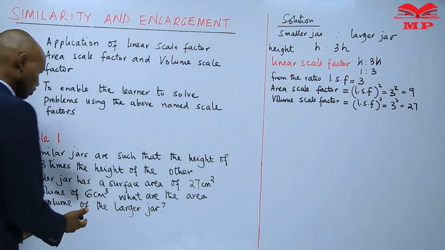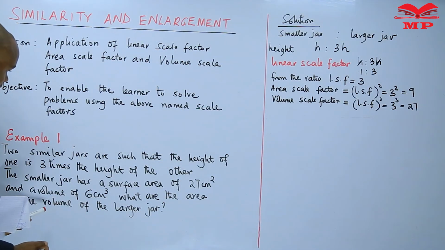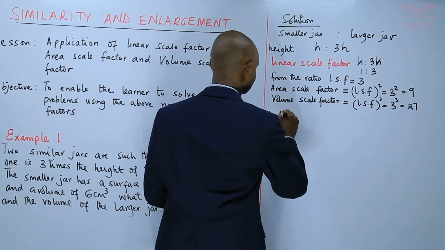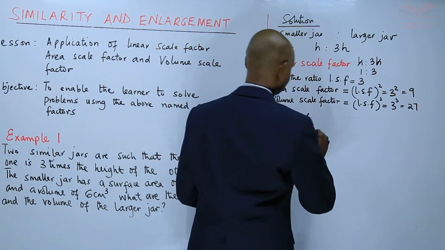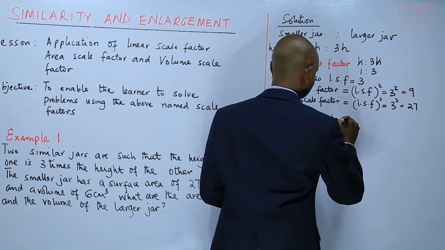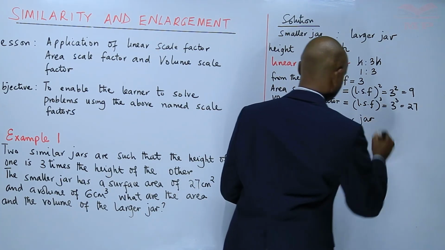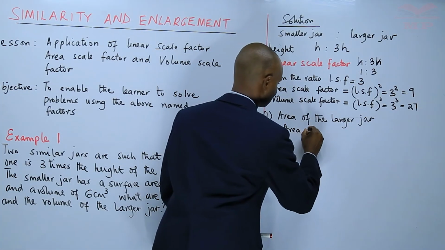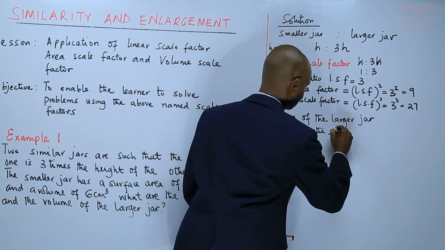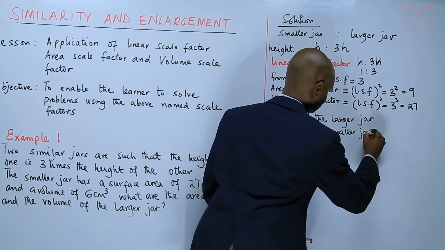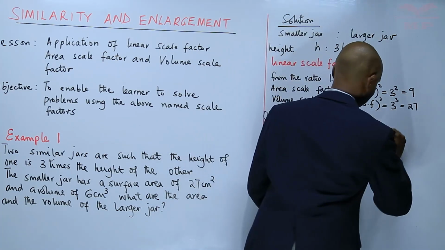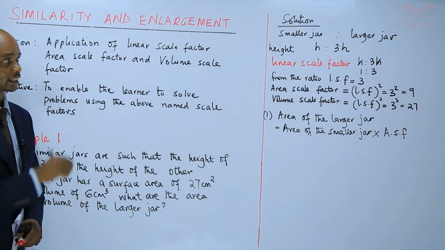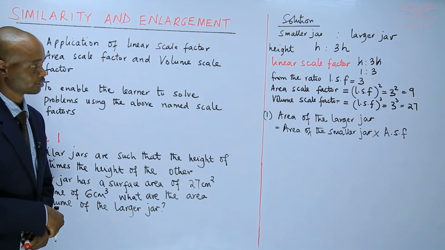So you'll go to what they have asked you. What are the area and the volume? The area of the larger jar will be given by the area of the smaller jar multiplied by the area scale factor, which I've got from that.